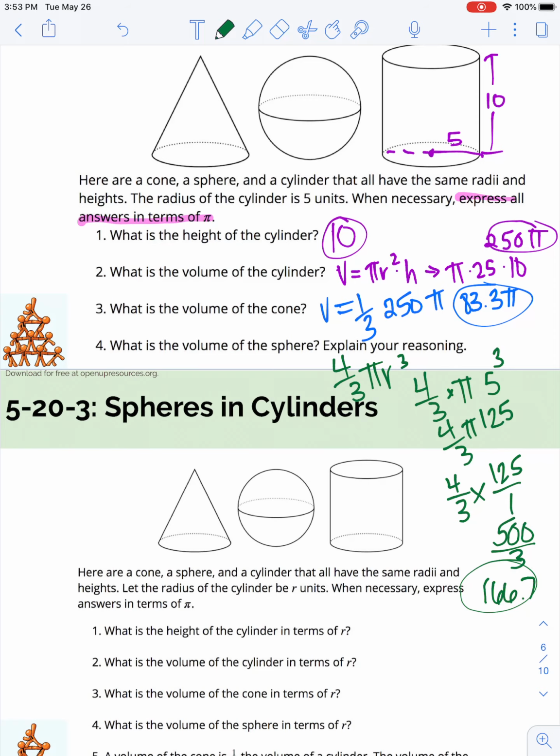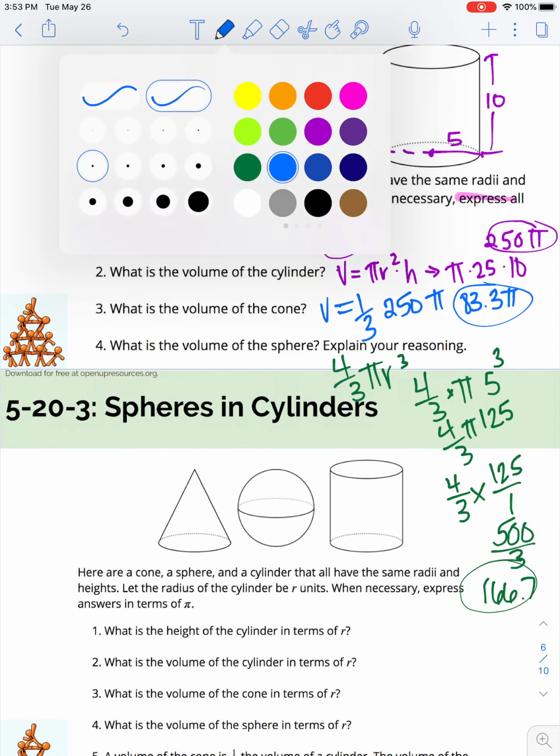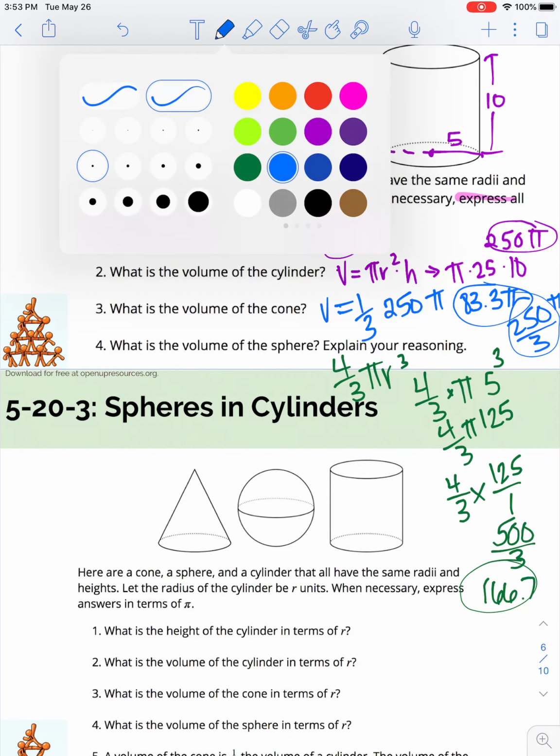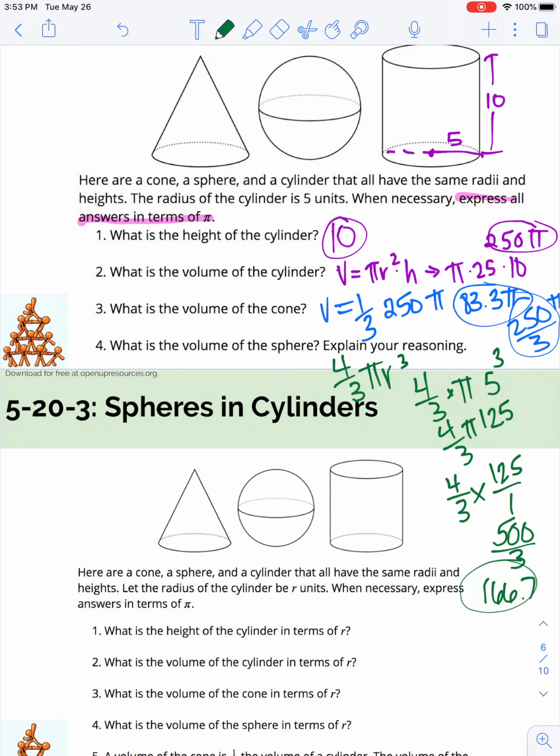But either way, on this one, if you just wanted to say it's 250 over 3 pi, that's also totally fine. But don't forget the pi, because there's a pi in this answer. And that one, too. Okay.